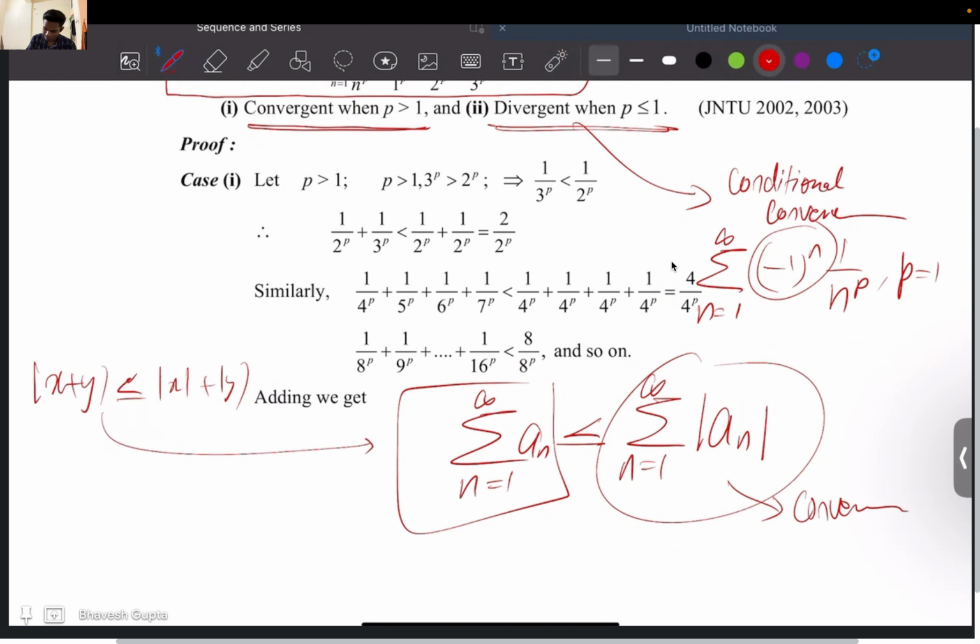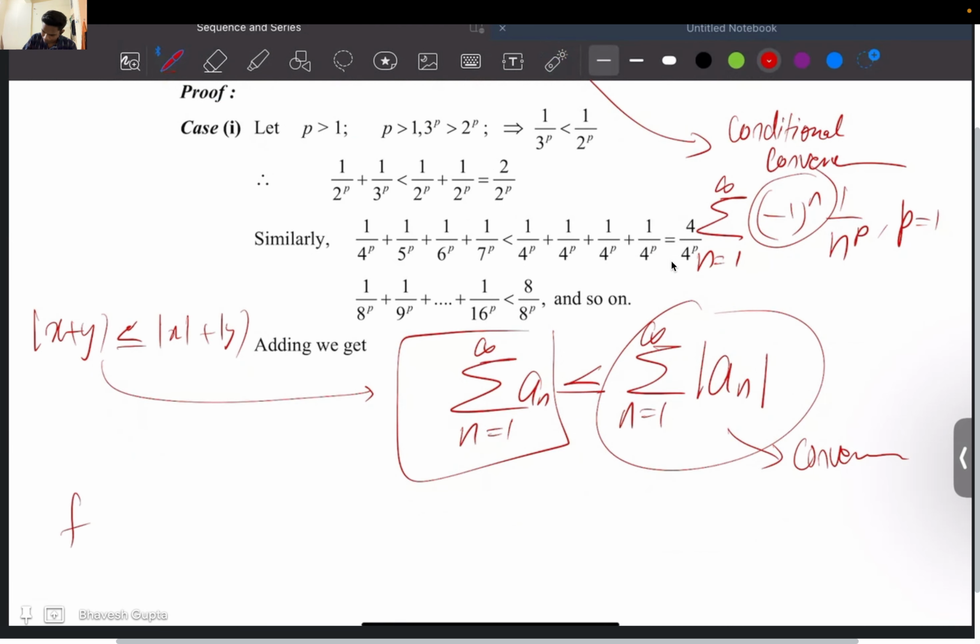Let's say you have this oscillatory behavior, 1 over n, with n from 1 to infinity. We can see that this s is less than or equal to, in this case strictly less than. This equality happens when all are positive, right? But over here not all the terms are positive.